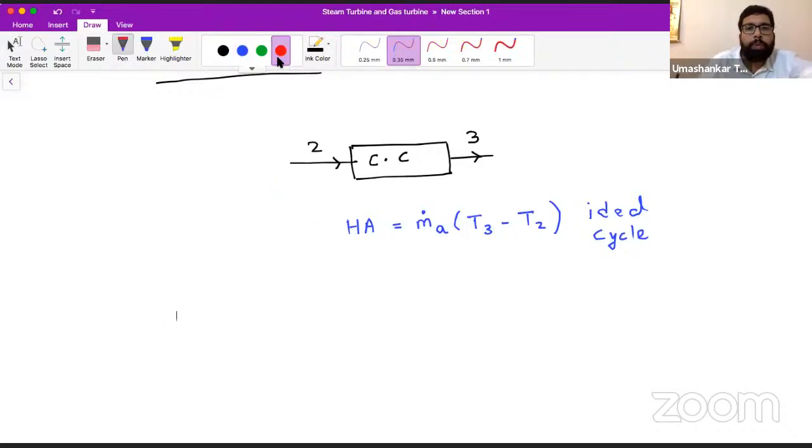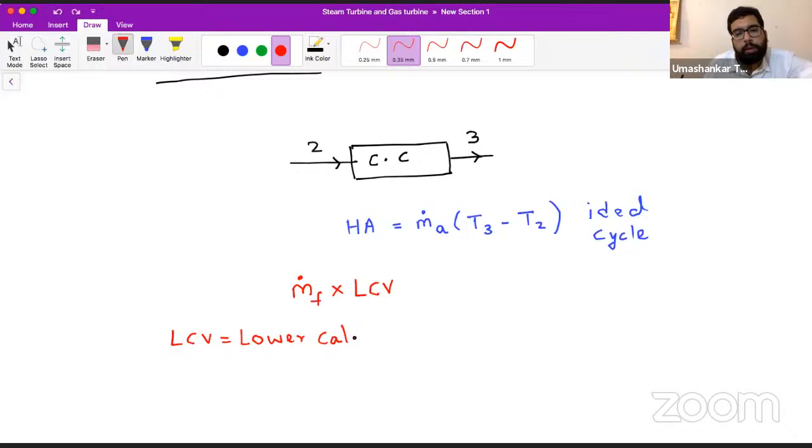We were assuming that whatever fuel has been burnt, the energy released by burning is given by the LCV, which we call the lower calorific value. You know the calorific value? We generally use the lower calorific value.